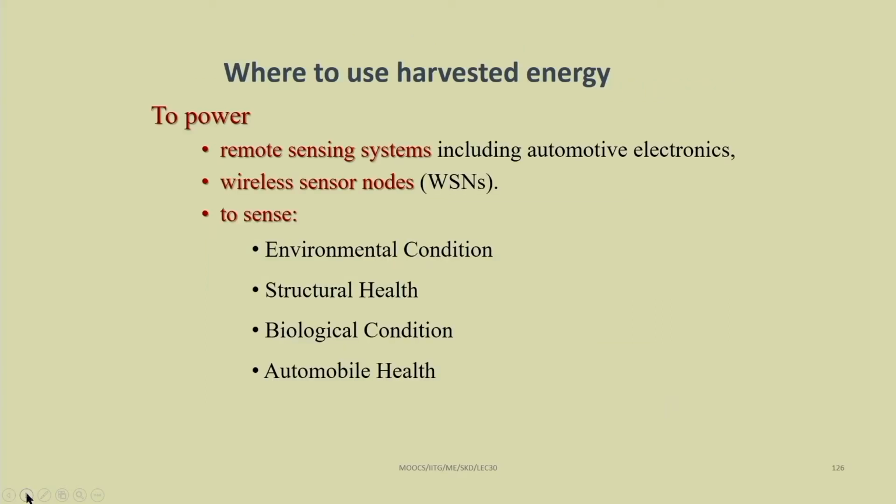As these are low power energy sources, we can particularly use them in remote sensing applications, including automobile electronics and wireless sensor nodes to sense environmental condition, structural health, biological condition and automobile health, and many other applications.